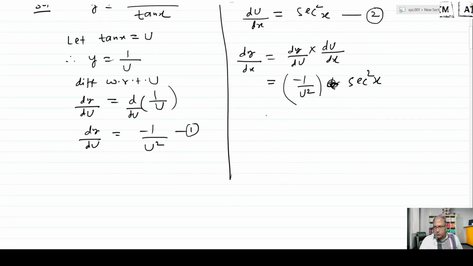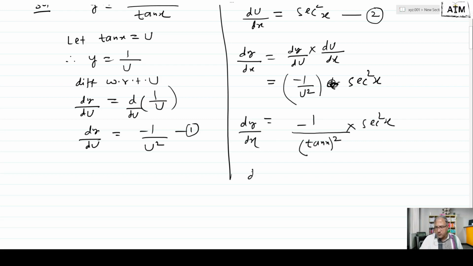Putting back the value of u, nothing but tan x, dy by dx equals minus sec square x upon tan square x.